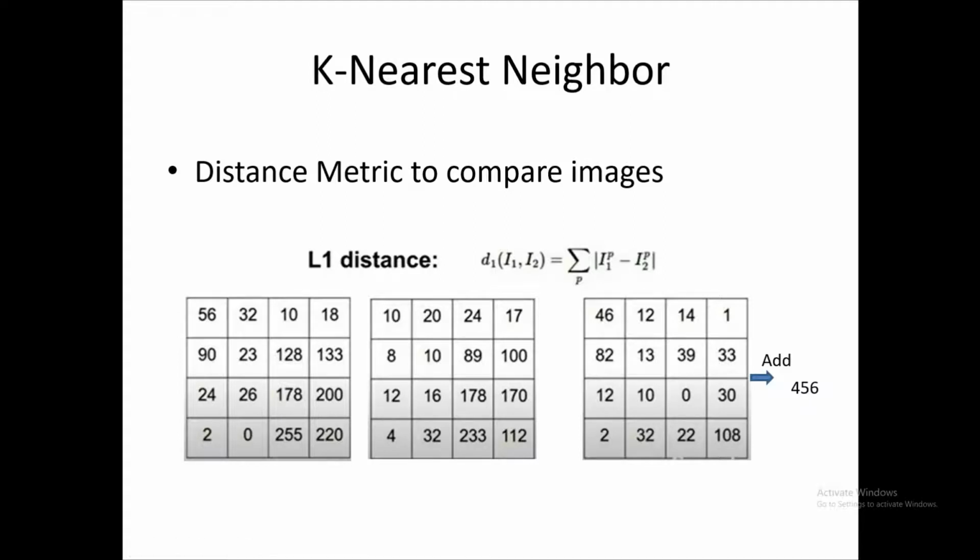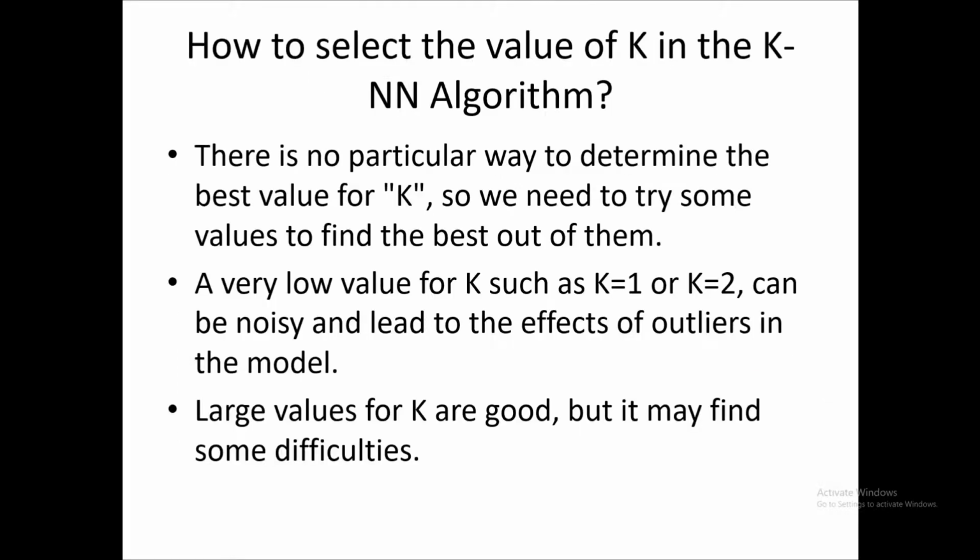So based on this similarity, or this distance value, we will find the k nearest neighbors to that unknown data. Now the question arises: how can we select the value of k, or the number of nearest neighbors to the testing data?